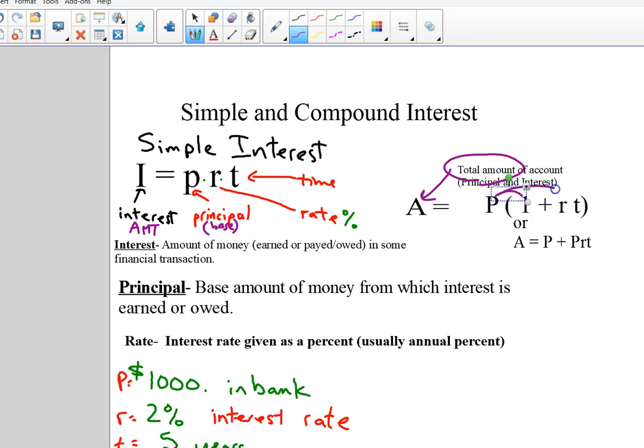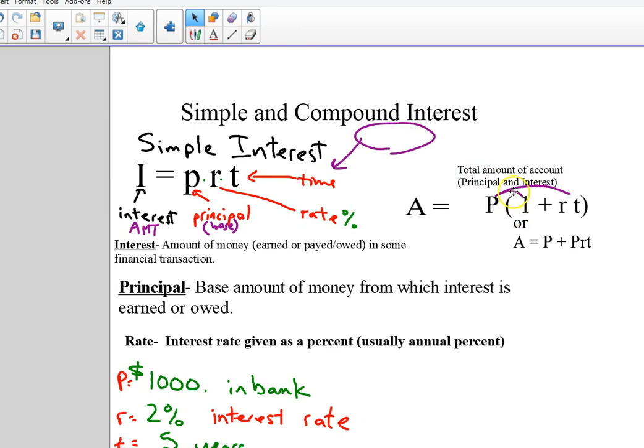Or if you distribute this, A equals P times 1, which would be P, plus P times RT, which would be PRT. So that's literally the principal and interest together. This is an easier way to write it.